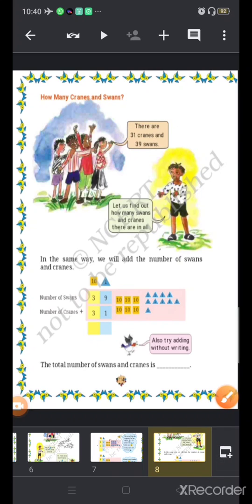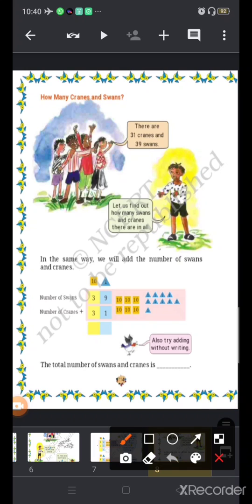Okay, now we'll add. First we'll add the ones place, 9 and 1. 9 plus 1 is equal to 10. If we add all these cards, it becomes 10. So we'll write 0 here and 1 will go up for carry, isn't it?